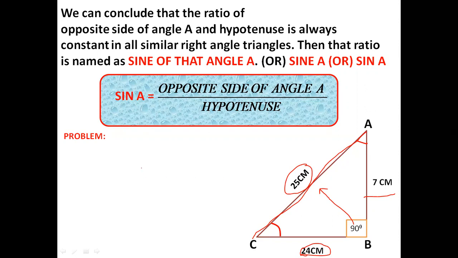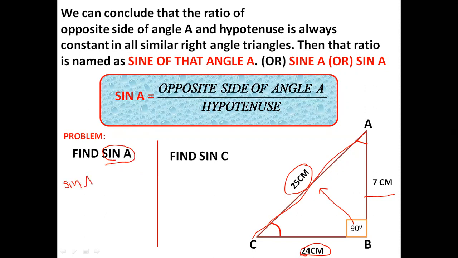Now you have to find sin A and sin C in this right angle triangle. First find the sin A value. Sin A is equal to, what is the formula? Opposite side of angle A by hypotenuse.